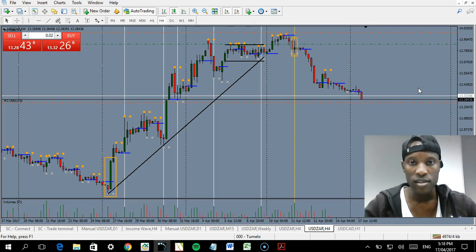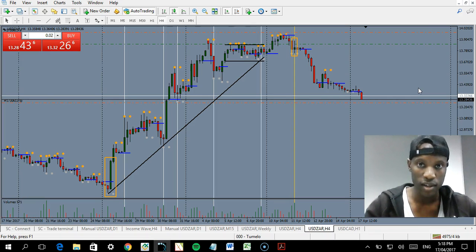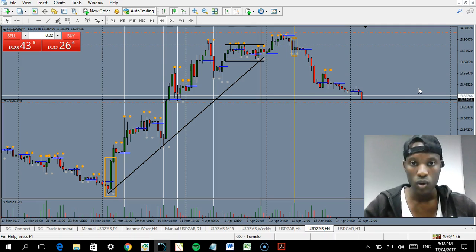The banks are highly likely to have a better understanding of where the market is likely to go next in the future. So as a smart trader, it's very simple: you look at what the banks are doing and you simply follow.